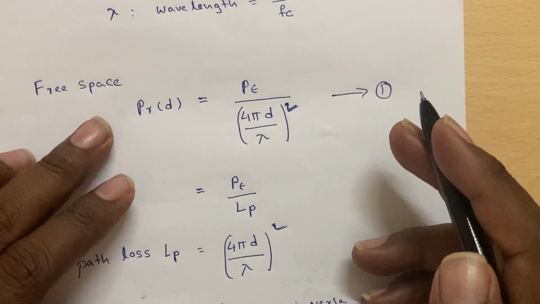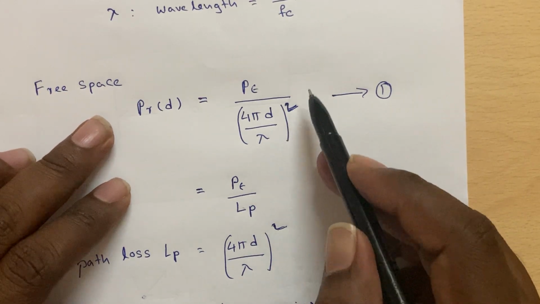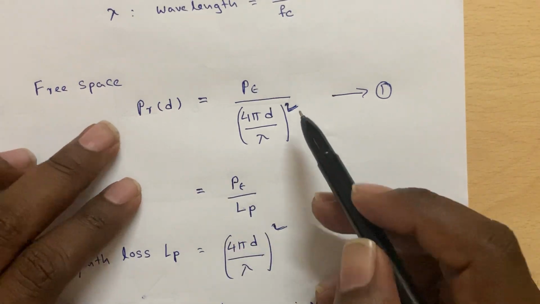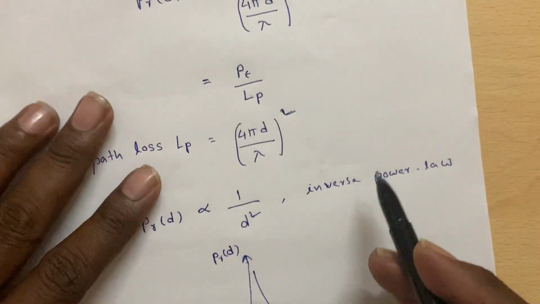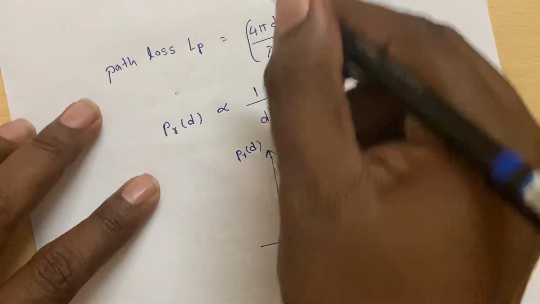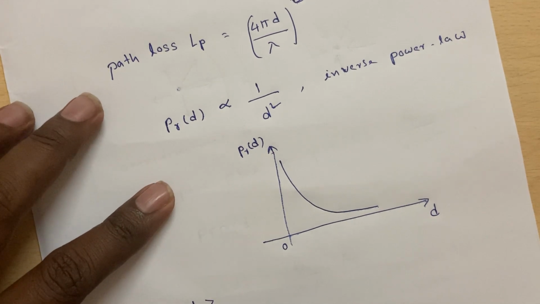So it is only for certain distances d that we can predict the received power using this equation. This equation only works for distances d greater than df.